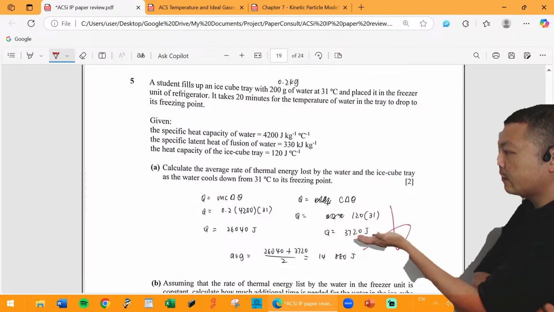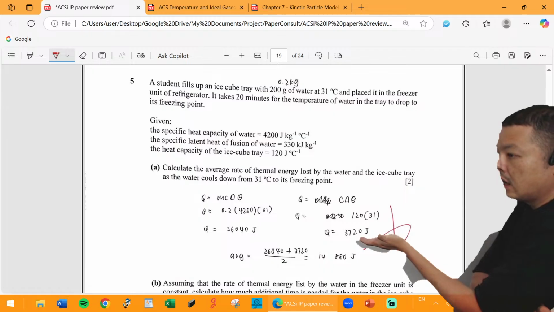No, but why didn't you get 1 mark for this one? Hello, Mr. Tan, why didn't you get 1 mark for this one?